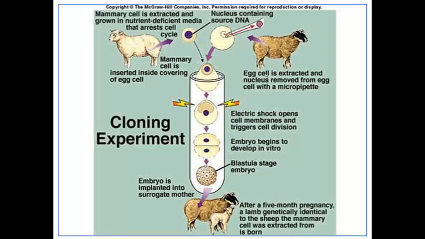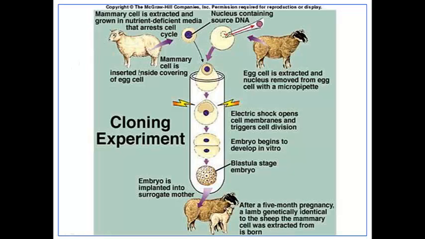And the most famous cloning experiment, when I was going through science classes, was the production of this sheep called Dolly the sheep. And here's how this experiment happened.